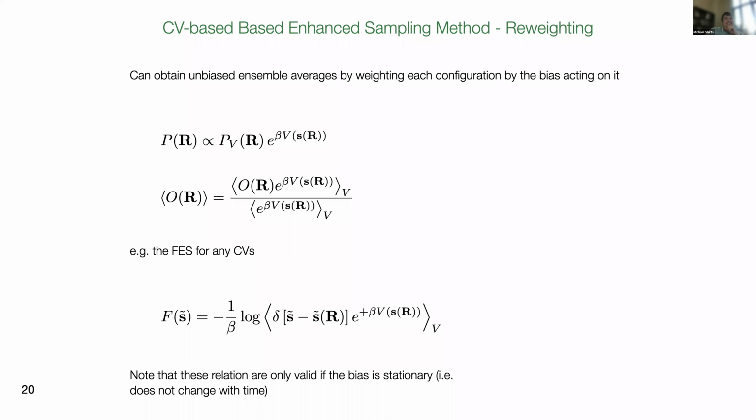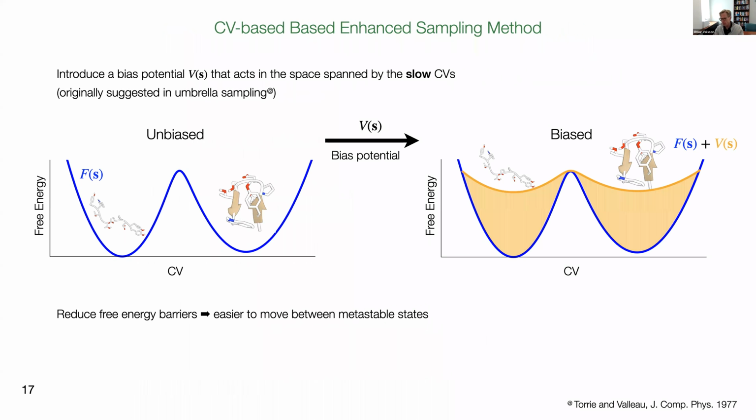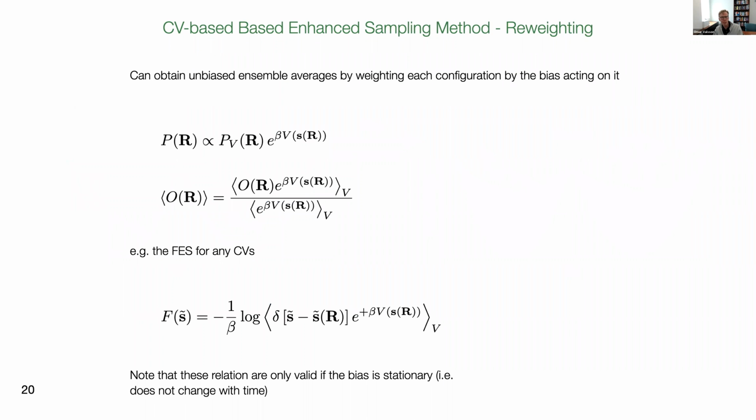Sorry to interrupt. Because of course, naturally, when we do this kind of biasing, we have a different system. We don't have the original system. So we want to get the equilibrium properties of the system. And that we can do by using this reweighting procedure, where you can reweight any observable in the unbiased simulation in this way here.